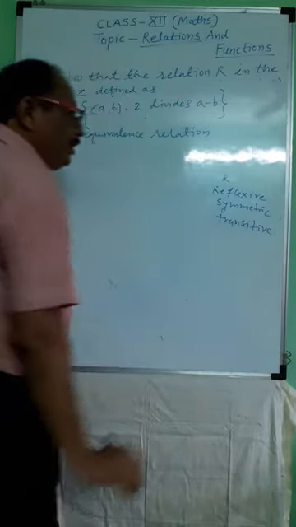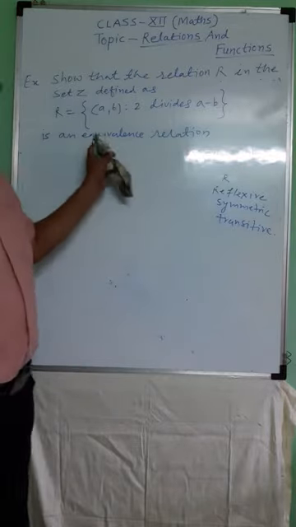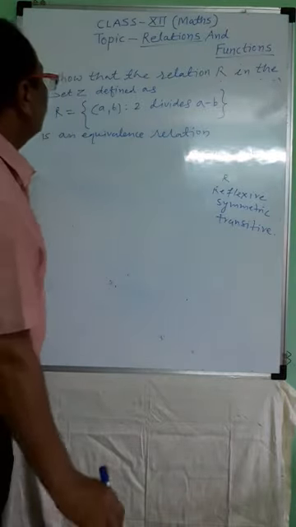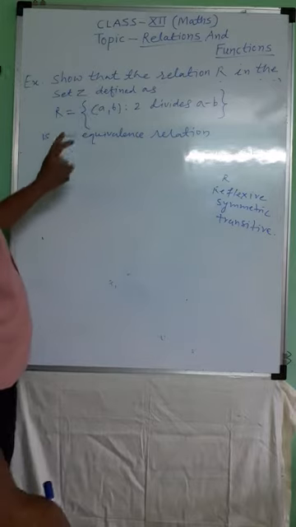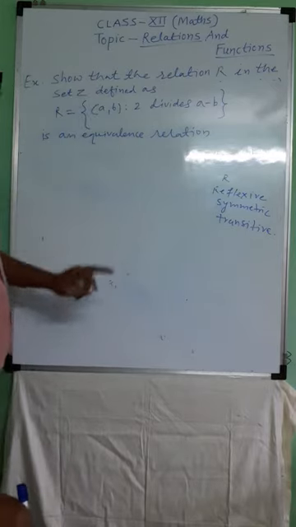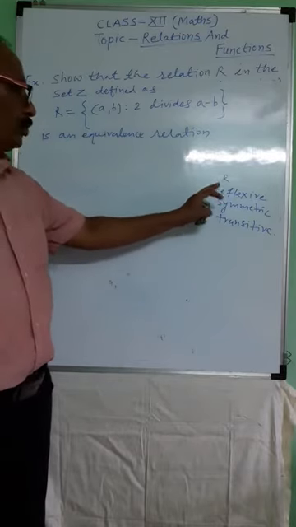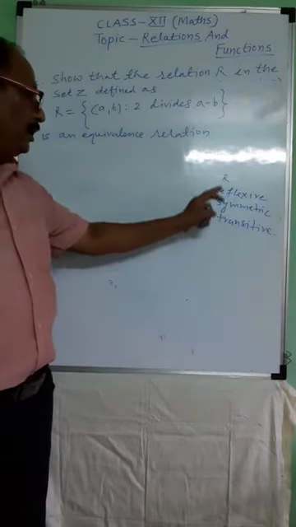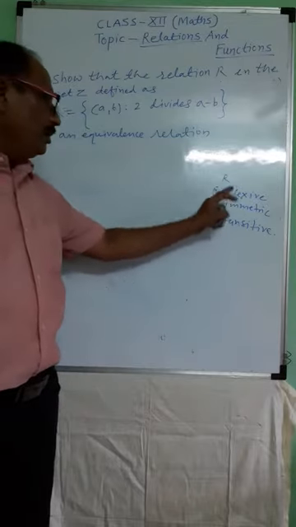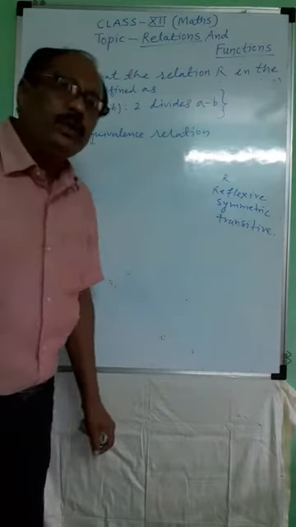Then and only then we say that the given relation is an equivalence relation. Here we have to prove the relation is reflexive, symmetric, and transitive. These three things we have to show.